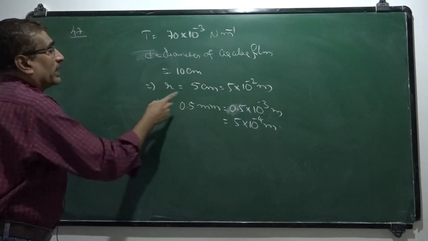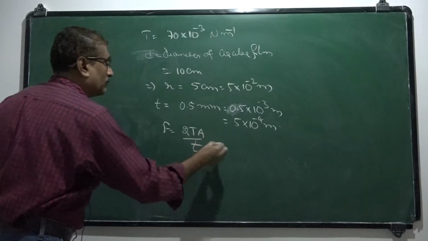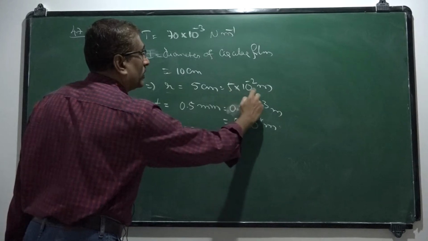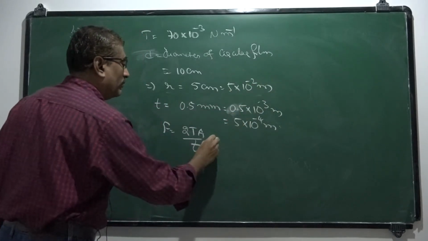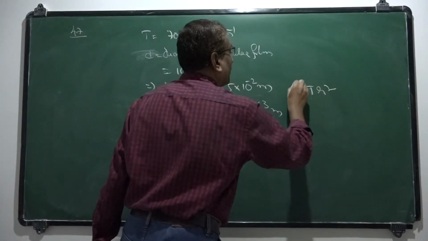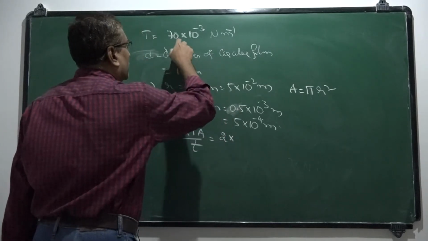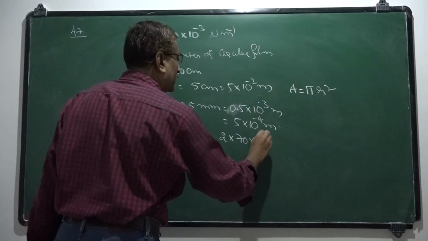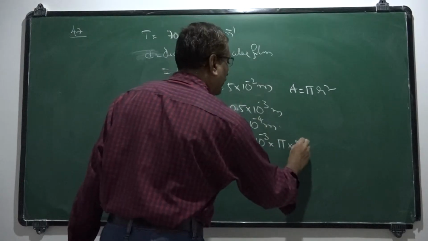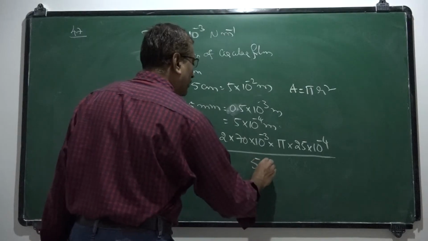Now the actual formula: force required is 2T times area by thickness. Here the radius is 5 into 10 to the power minus 2 meter. The film is circular, so the area is pi r square. So we can substitute: 2 into 70 into 10 to the power minus 3 into pi r square, that is pi into 25 into 10 power minus 4, by 5 into 10 to the power minus 4.